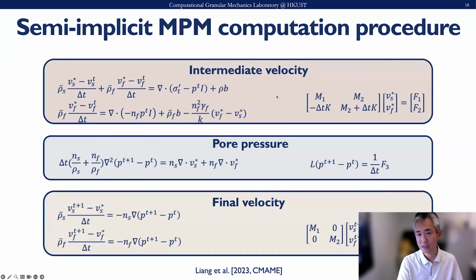Then we generate a set of intermediate velocities for the particles, for the solid and for the fluid, and then we solve for the pore pressure. After we solve the pore pressure, we further update the velocity for both solid and fluid. This is what we call a fractional step method.